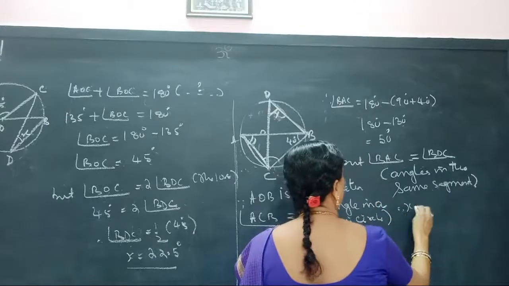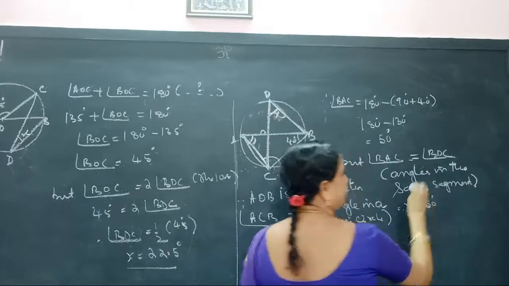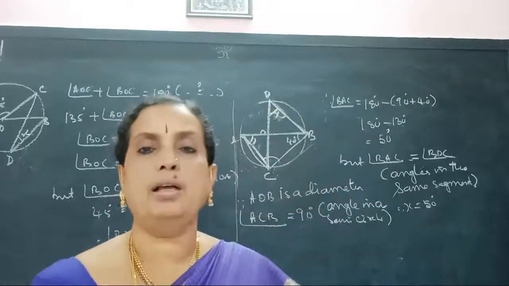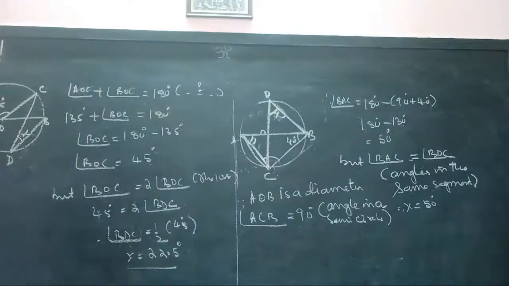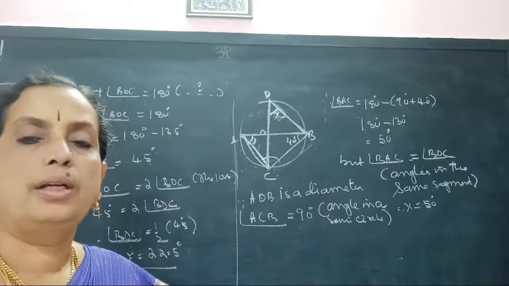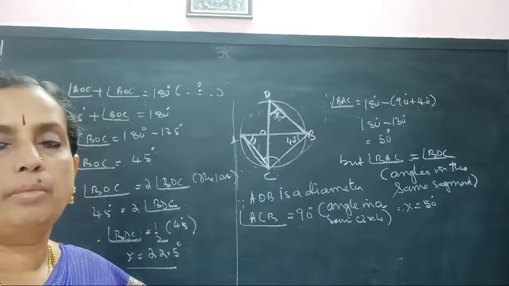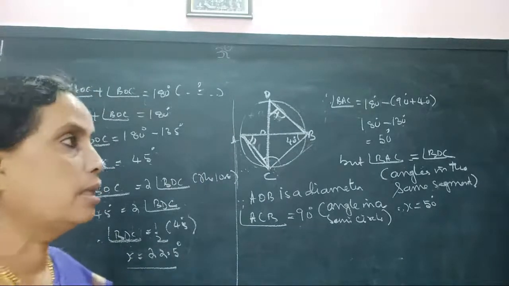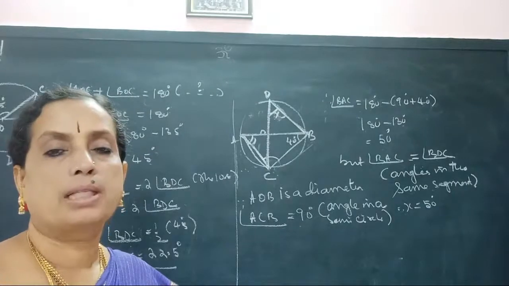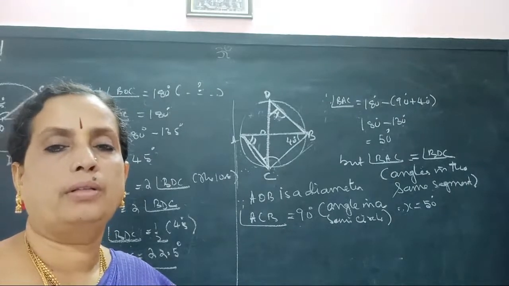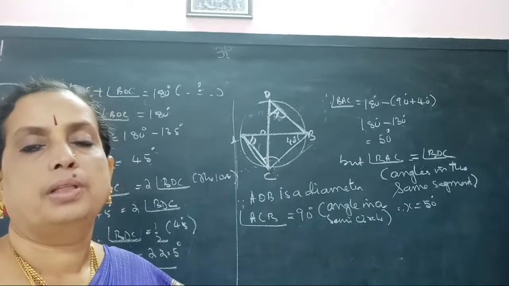Therefore, x equals 50 degree. Identifying the required angle using the properties is very important. So you are mentioning the theorem, angles in the same segment of a circle are equal. Yes.